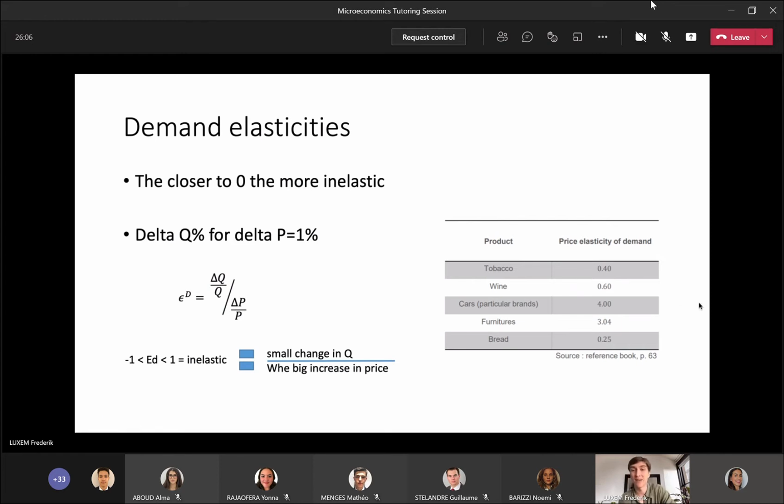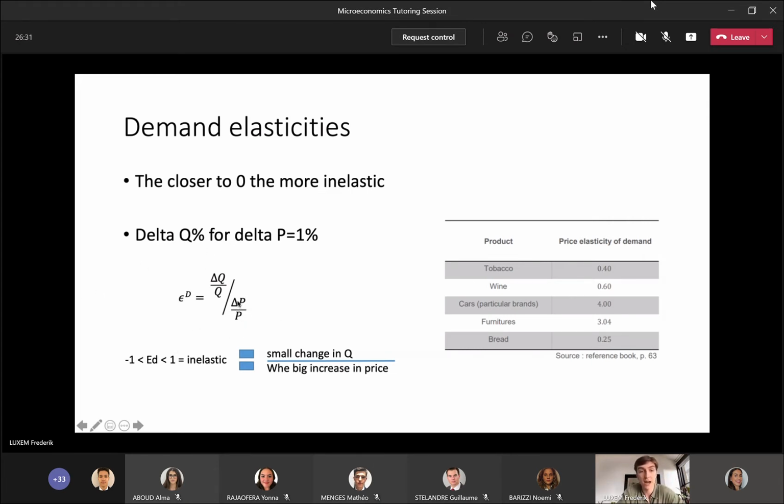If you have a look here at the table, it's some real life examples. So the price elasticity, for example, for tobacco is 0.4. So it's very inelastic. And how can you understand it better? So you see here, we have a magical formula again for the elasticity.